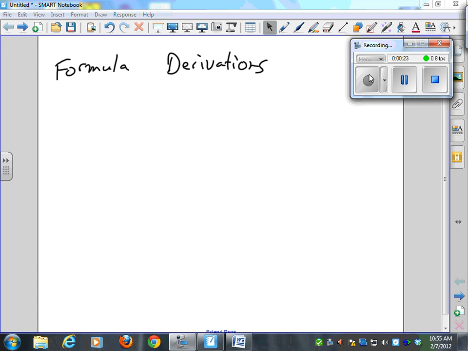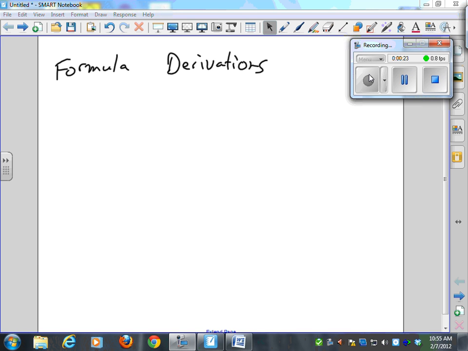D equals VI. Now, in black, the T is VF minus VI all over A. Plus 1/2 A, VF minus VI all over A, and that's going to be squared.